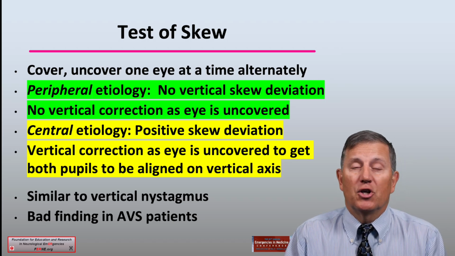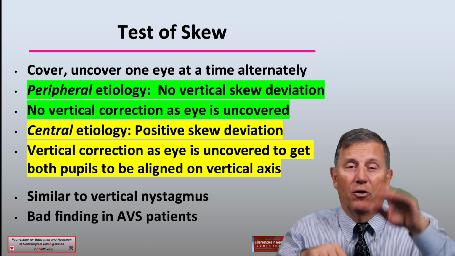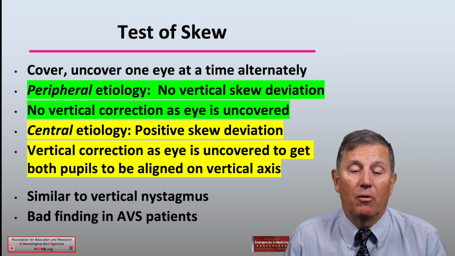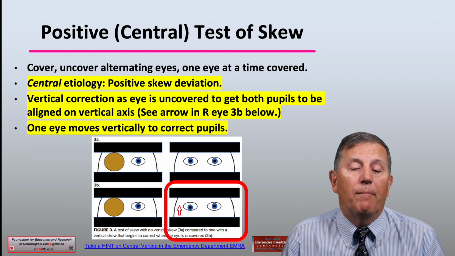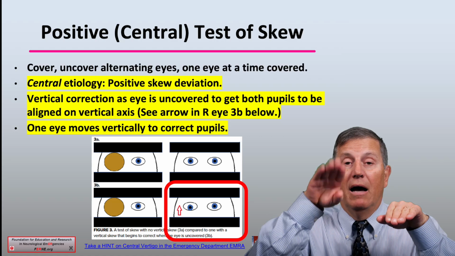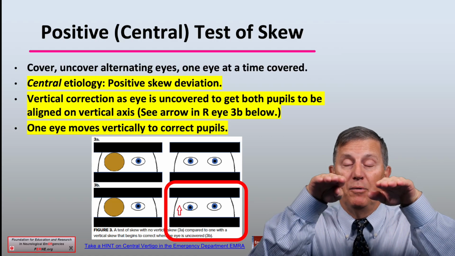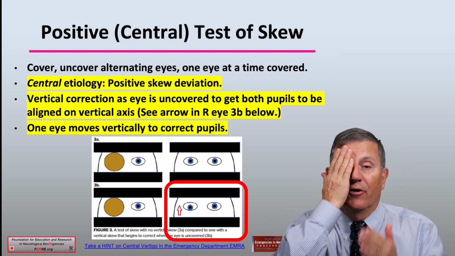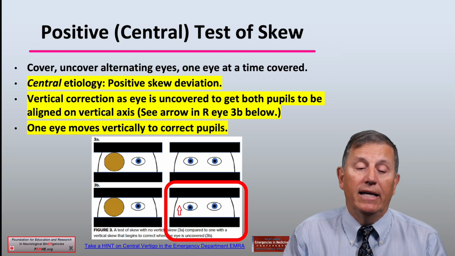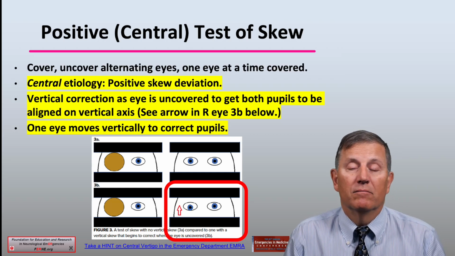So this test of skew, where there's correction on the vertical line, is a bad finding in acute vestibular syndrome patients. So a positive central test of skew would be some movement on the vertical axis to get the pupils to line up when covering and uncovering each eye. It's circled in red here from the monograph.